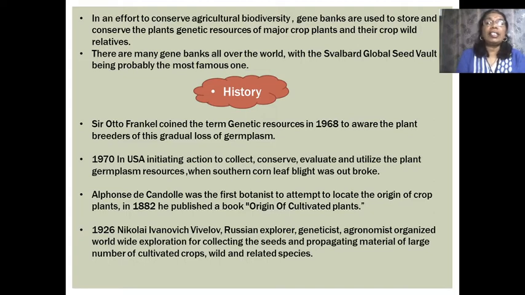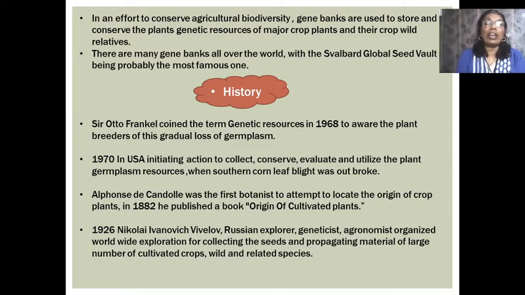In 1970, in the USA, action was initiated to collect, conserve, evaluate and utilize plant germplasm resources when southern corn leaf blight broke out. Alphonse de Candolle was the first botanist to attempt to locate the origin of crop plants. In 1882, he published a book, Origin of Cultivated Plants.